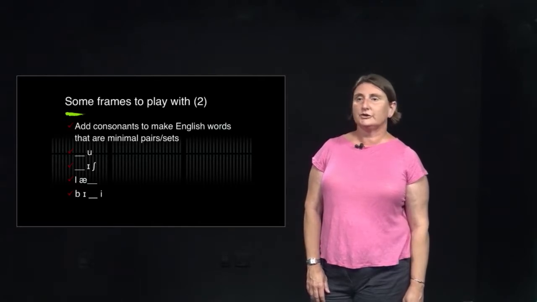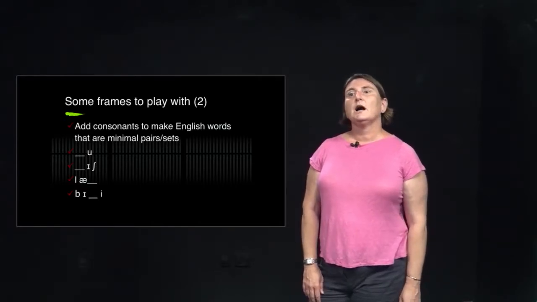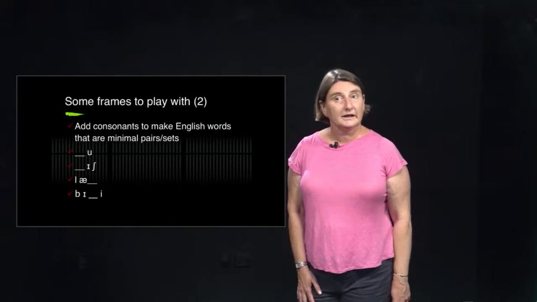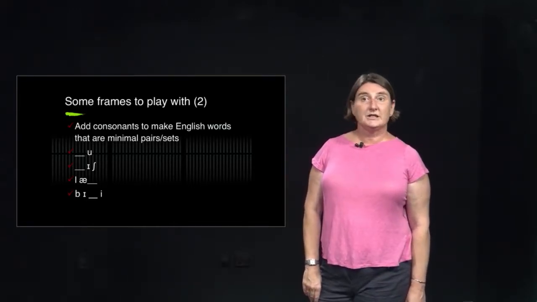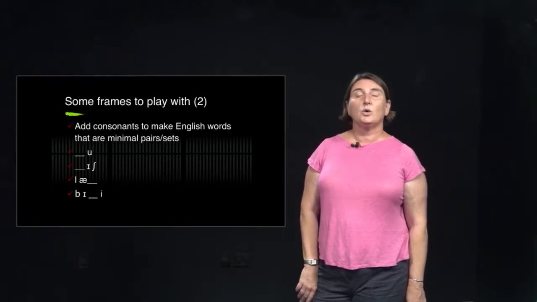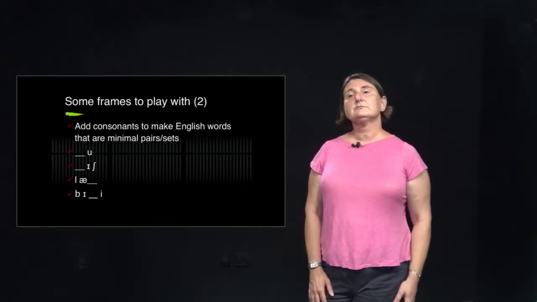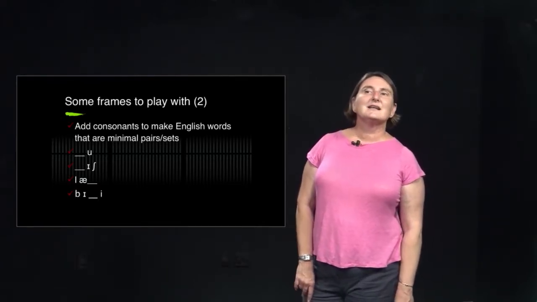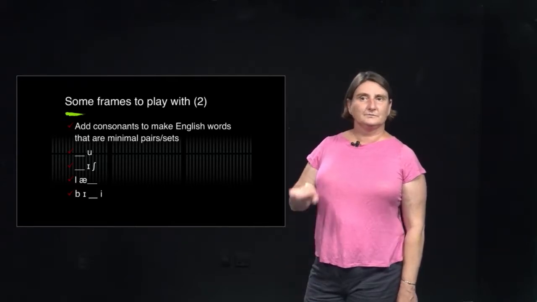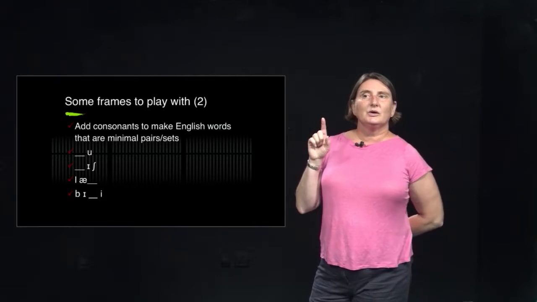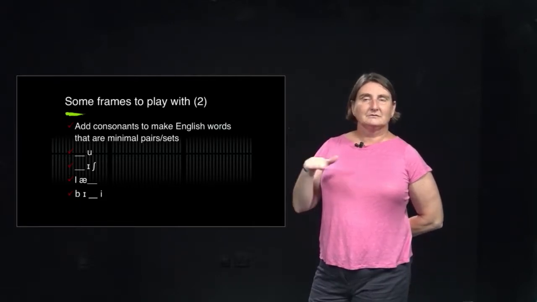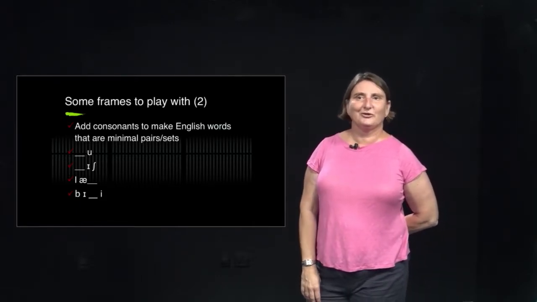Again, lots of things could go in there. And the next one is a consonant and then ish. So you might have dish or fish or wish. Next one is la with a place for a consonant. So what's interesting is, like that, la, that's not a possible shape for an English word.